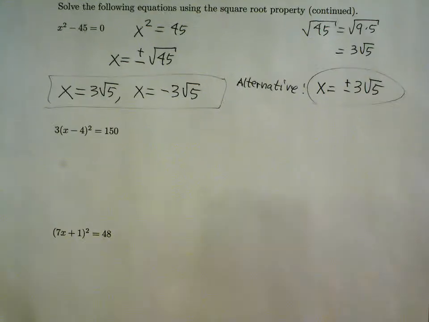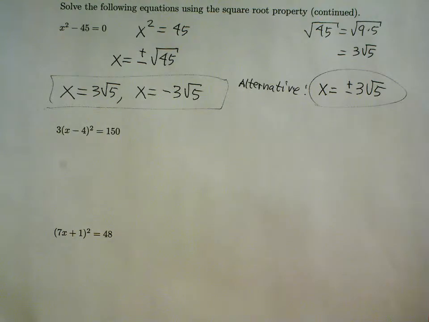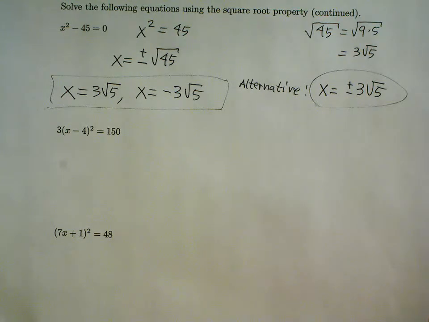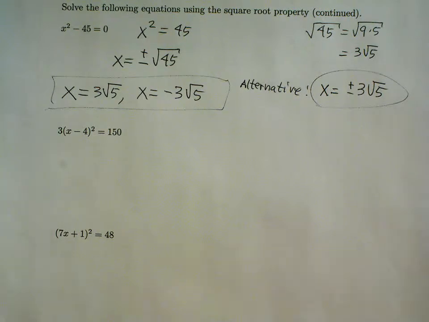Okay, I'll give you a few seconds to solve this equation. 3 times the binomial x minus 4 squared equals 150. And in about 20 seconds, I'll solve it.